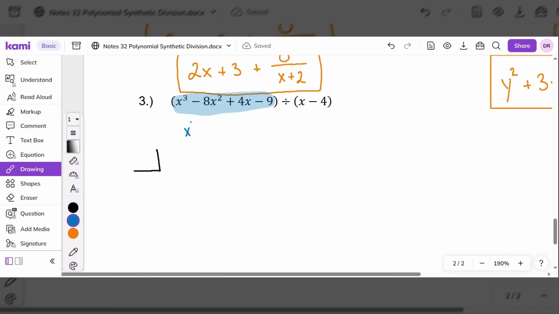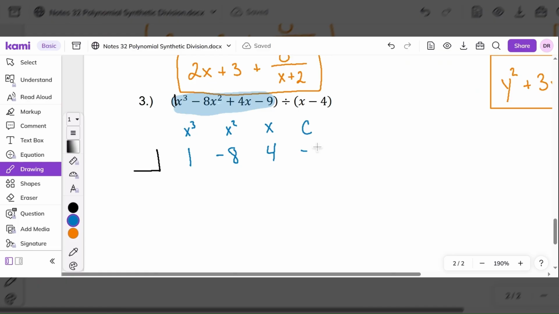After the magic box, we've got our polynomial x to the third. So again, we're not going to use that. We're going to use the number in front of it, which is a 1. So underneath in the x to the third spot, we put a 1. And then we should move down to x to the second. And in our polynomial, that's a -8. Keep going to the 4x. So the x term is a +4. And then your constant term is a -9.